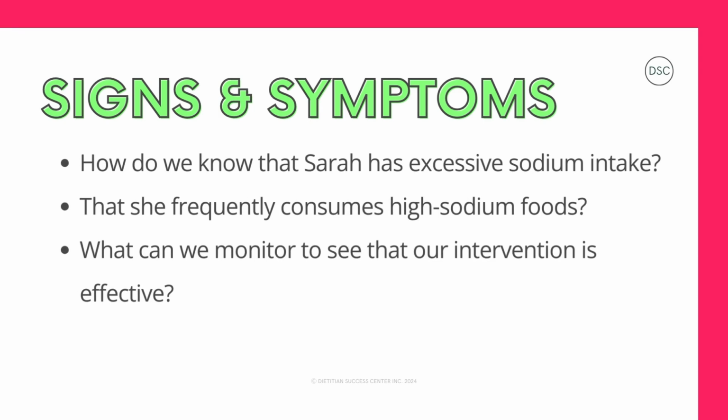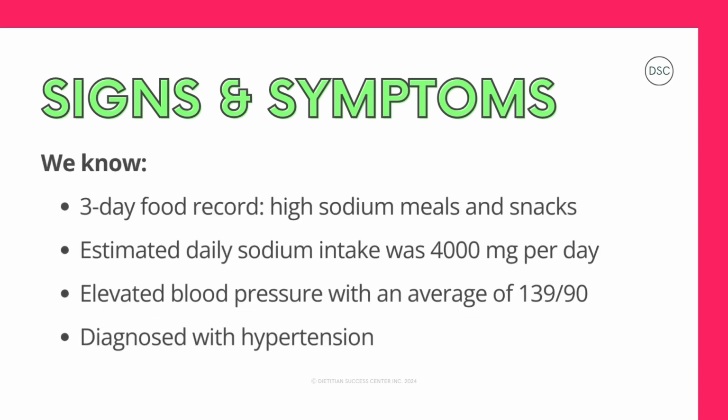And how can we monitor to see that our intervention is effective? Well, we know from her 3-day food record there was primarily high sodium meals and snacks. Her estimated daily sodium intake was 4,000 milligrams per day. She has an elevated blood pressure with an average of 139/90 and was diagnosed with hypertension. And we can monitor whether our intervention results in any changes in her blood pressure.